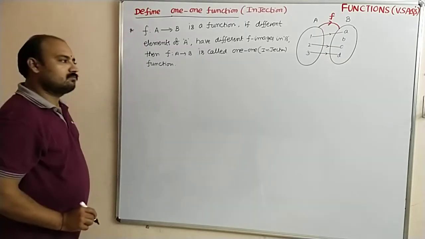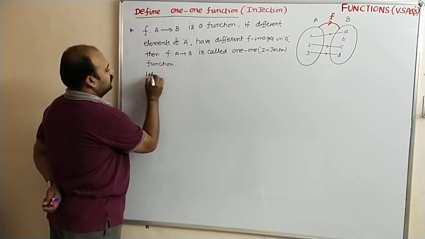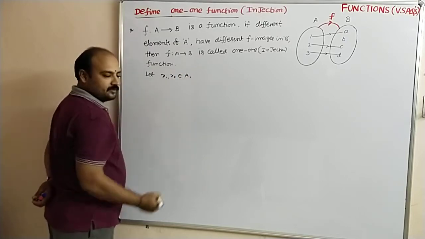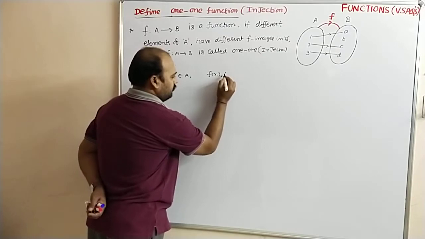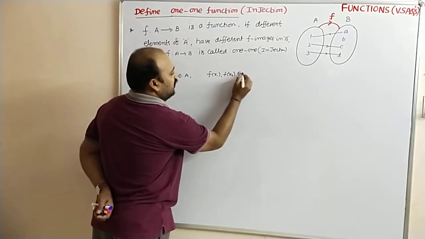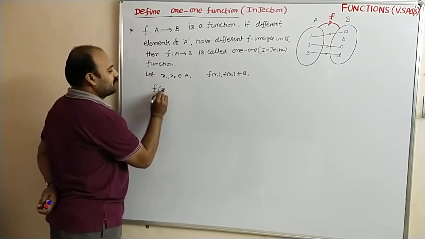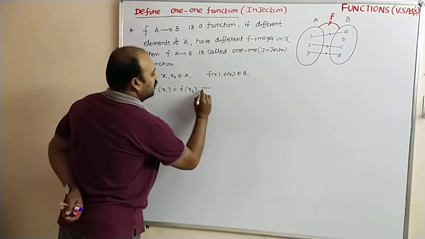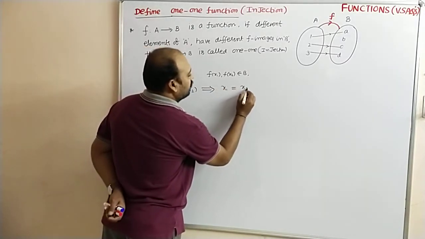For example, let x1, x2 belong to A, and f of x1, f of x2 belong to B, such that f of x1 equal to f of x2 implies x1 equal to x2.